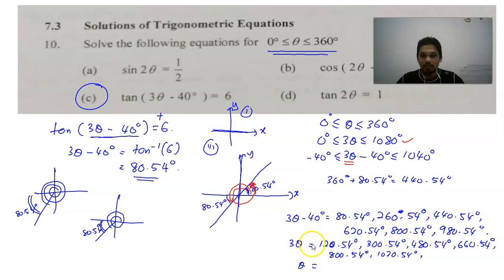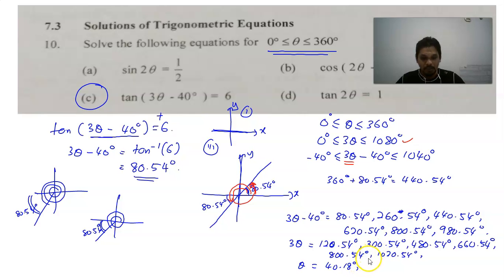So 3 theta equal to all these angles, then for theta, every single angle that we have here, we divide by 3. 120.54 divided by 3, which is 40.18 degree.